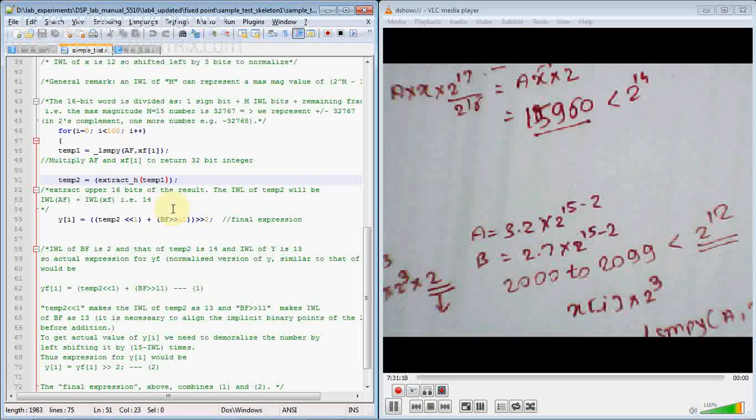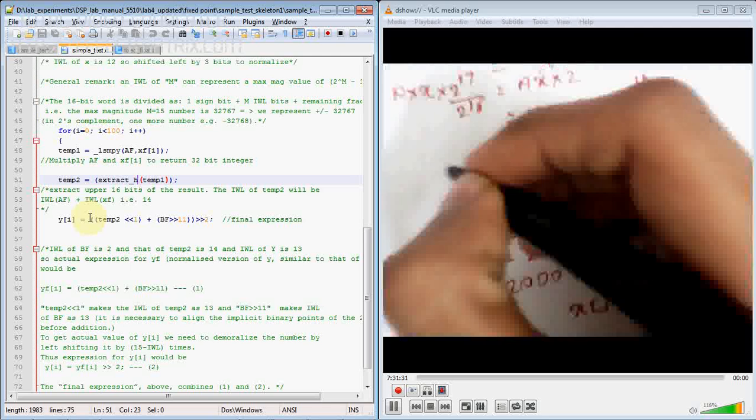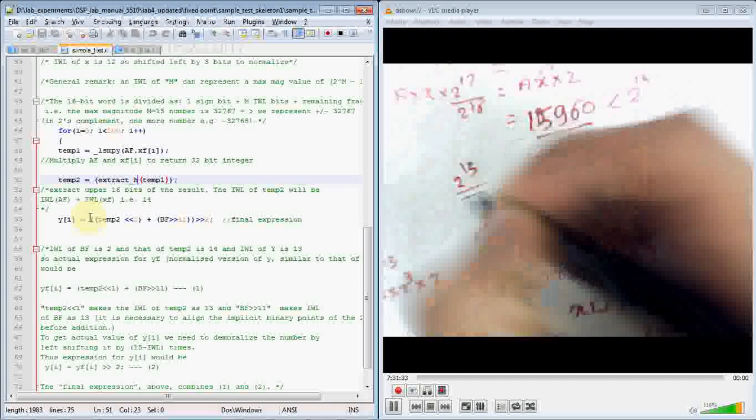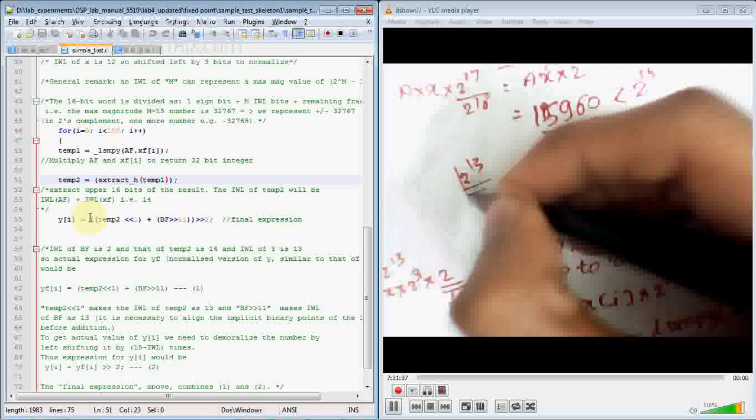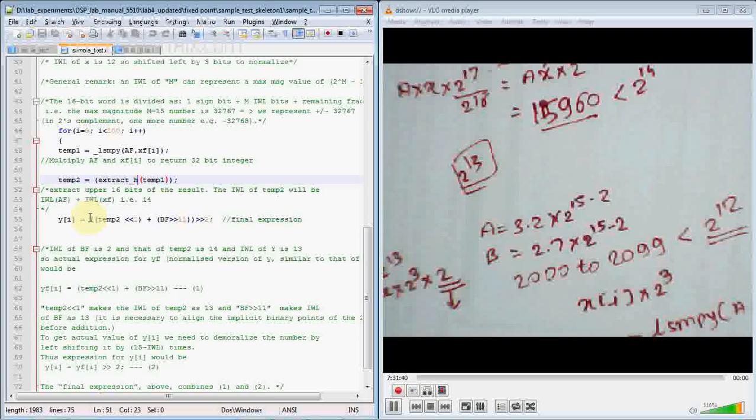This means that we can represent this figure using 14 bits. So the integer word length of temp2 is 14. Finally, y.